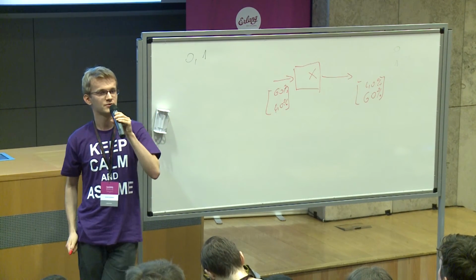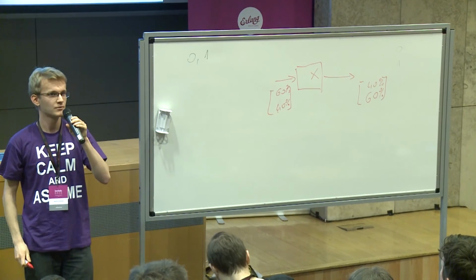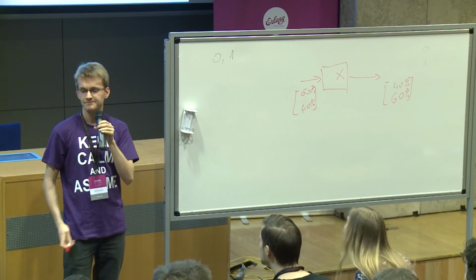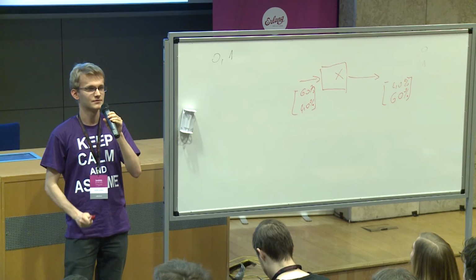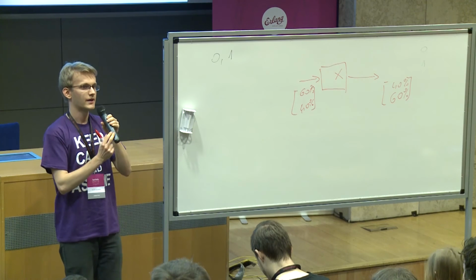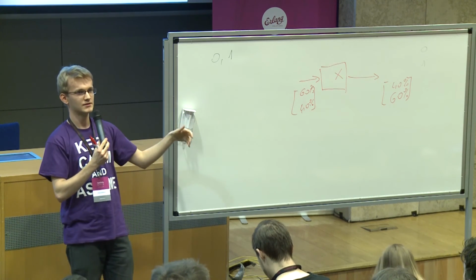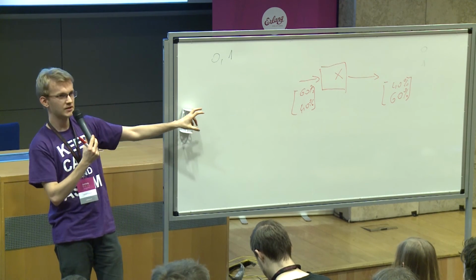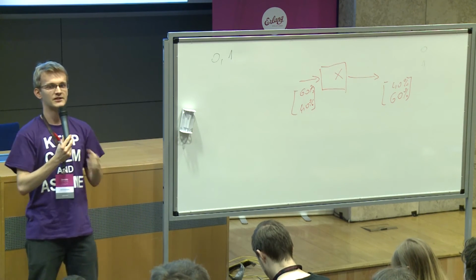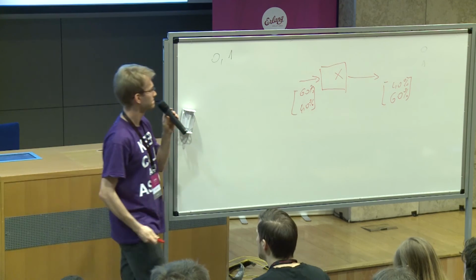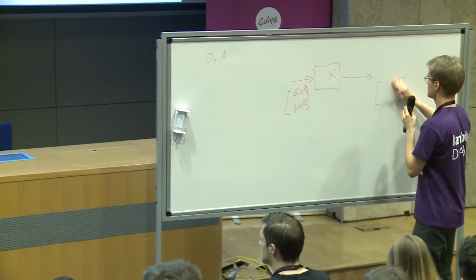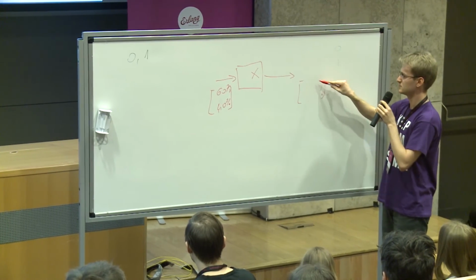But there is another problem. We should check what we get. In real quantum computers, we cannot tell that we have 0 and 1 at once at the same moment with some probabilities. We cannot measure these probabilities, so we could spoil this one and say, okay, it's 0.